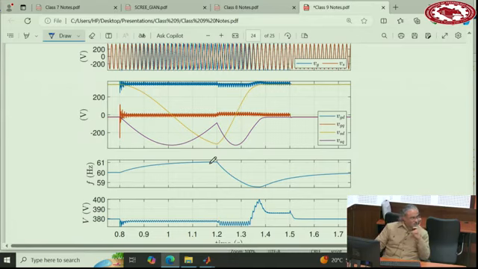Now we want to reconnect back to the grid. Before reconnecting, at this point, let's say at 1.2, you need to enable the synchronization block. When you enable it, this VGD and VGQ, this one and this one, come closer to VSD and VSQ.